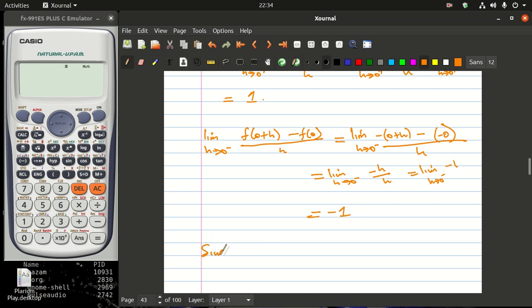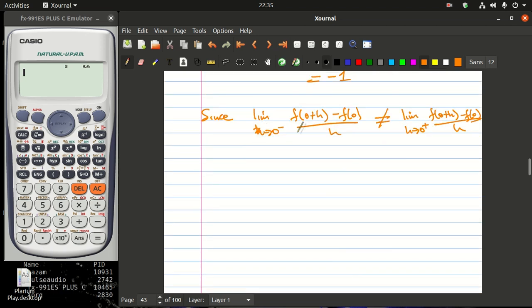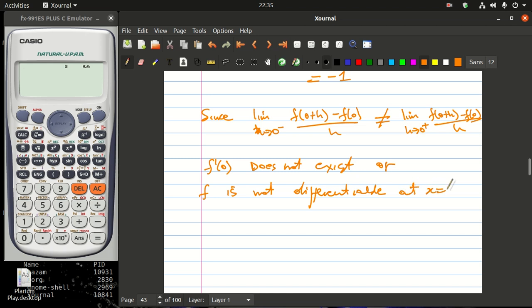Now, since the limit as h approaches 0 on the left of f of 0 plus h minus f of 0 divided by h is not equal to the limit as h approaches 0 on the right of f of 0 plus h minus f of 0 all over h, because this one is minus 1 and that one was plus 1, we can say that f prime of 0 does not exist, or f is not differentiable at x equal to 0.